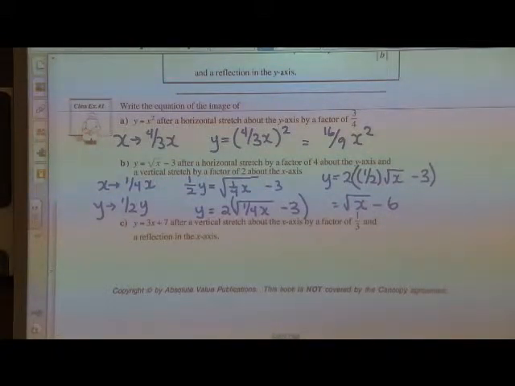And c is the equation y equals 3x plus 7. I have a vertical stretch about the x-axis by a factor of 1/3 and a reflection in the x-axis. What is my replacement? So look at the vertical stretch first. What's my replacement on the vertical stretch?